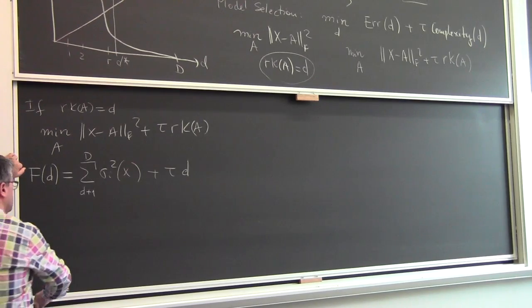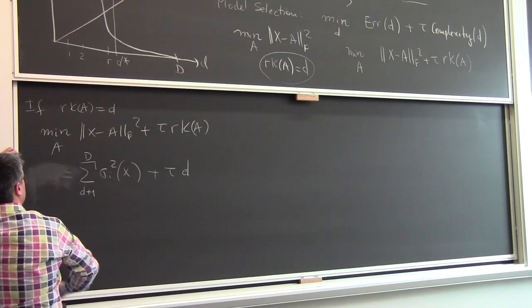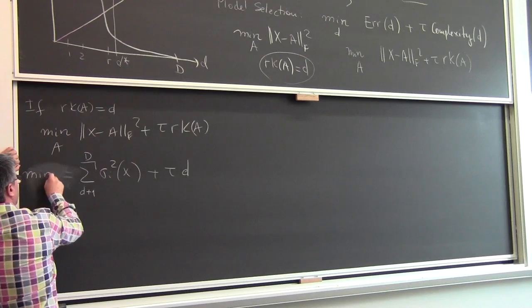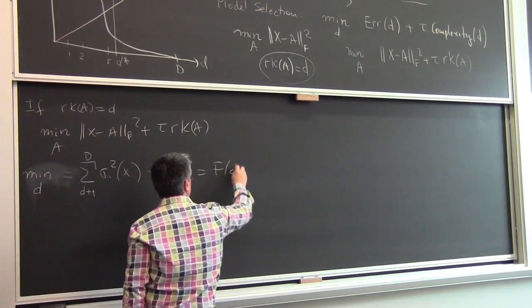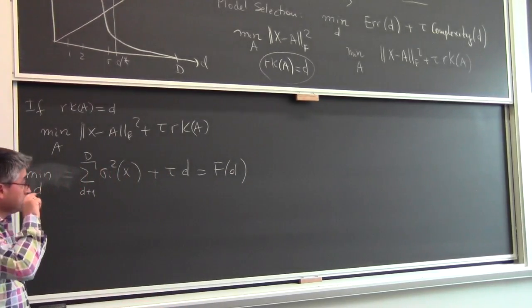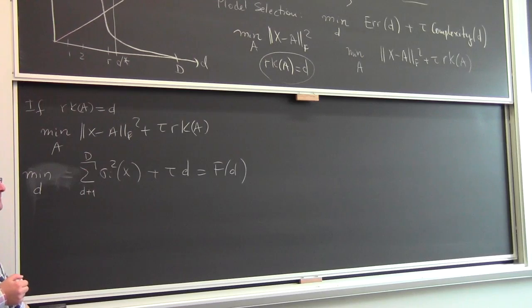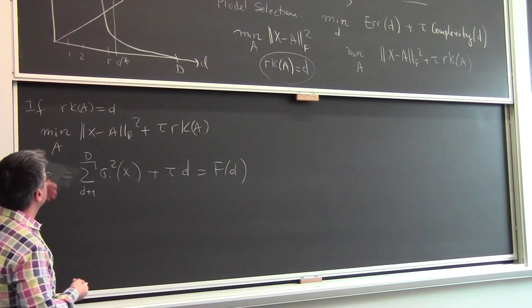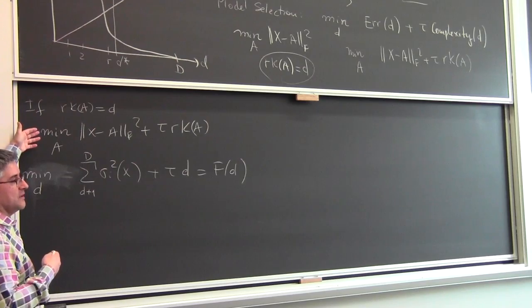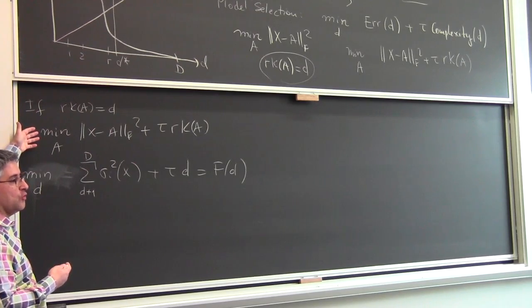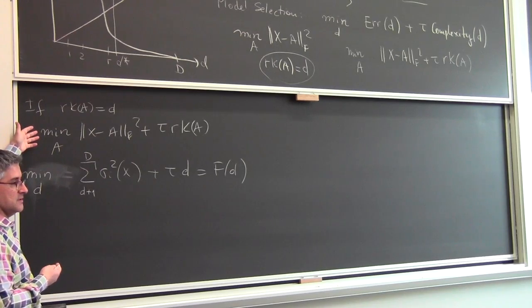So now I need to minimize with respect to D this function that I'm going to denote f. Okay. So in other words, in principle, this problem was somewhat messy because I needed to optimize over a matrix A, but also over all possible choices for the rank.